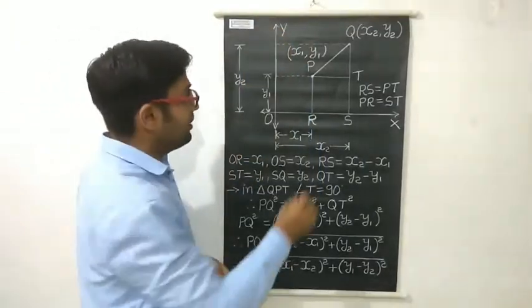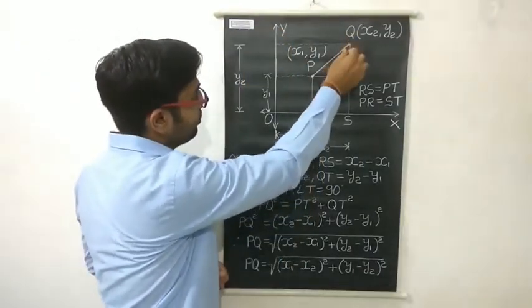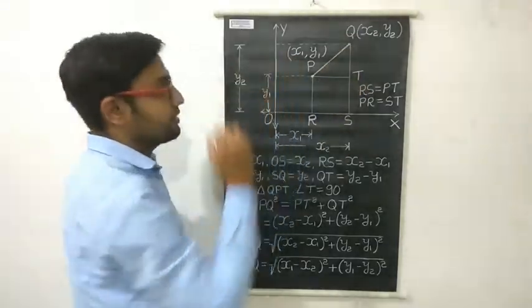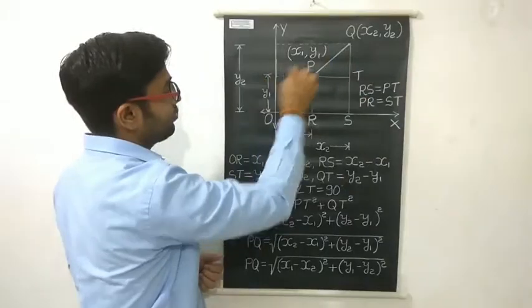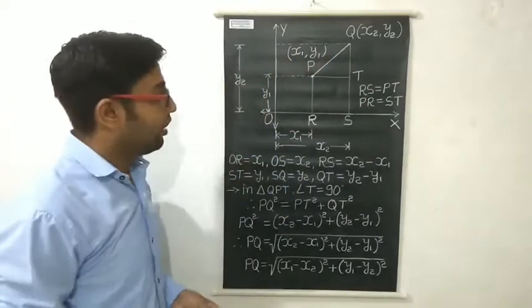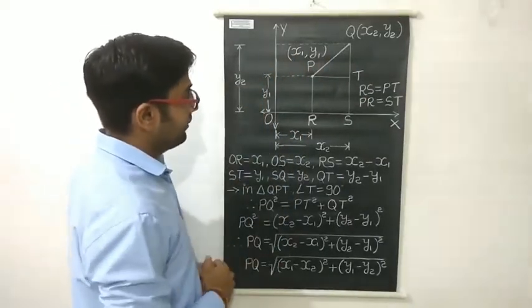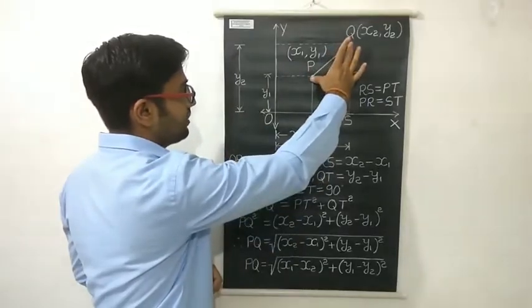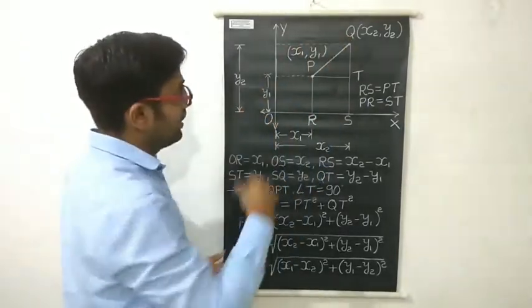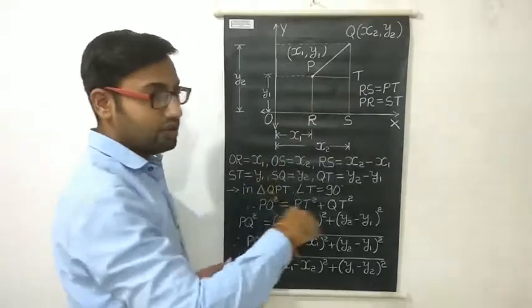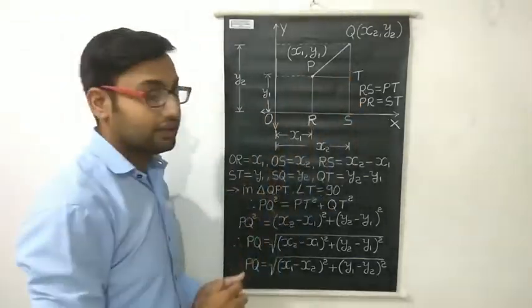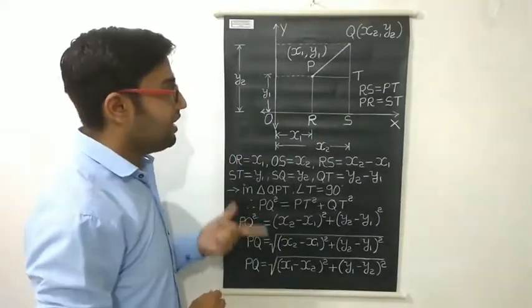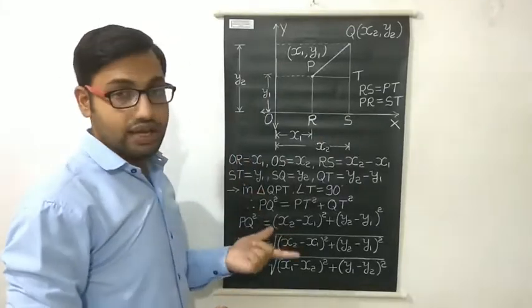So here we extend both the points P and Q to the x axis. In the same way, here also we extend the point P to the y axis. Okay, so here you can notice that one quadrilateral is constructed, PRST. And what is that PRST? PRST is a rectangle.